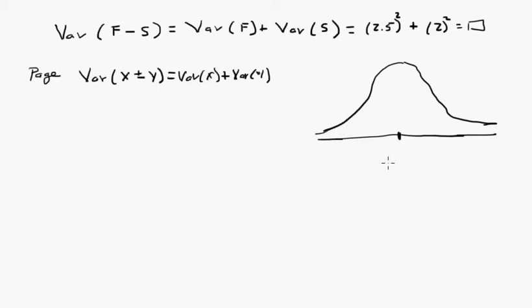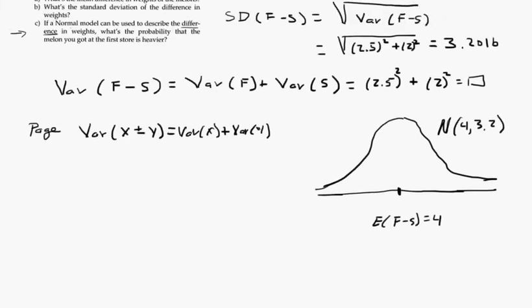But so that the difference, the center of the first minus the second is 4. Okay, so it has a normal distribution with a center of 4 and a standard deviation of 3.2.